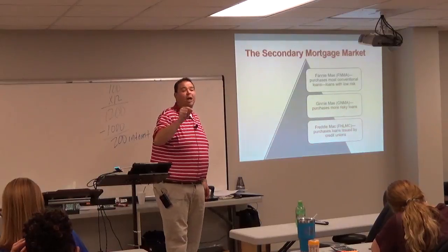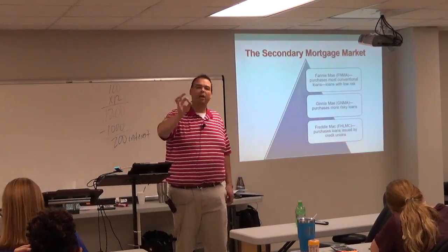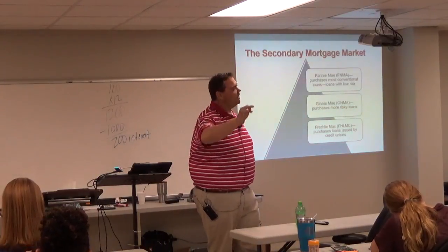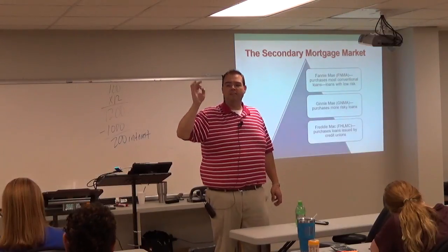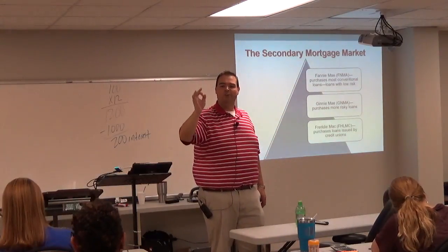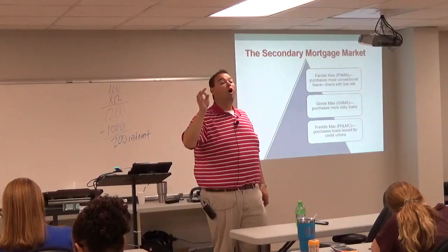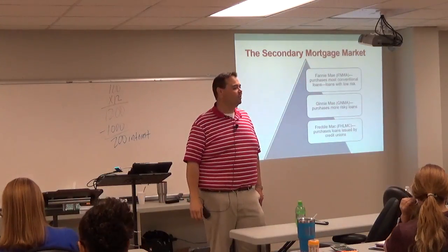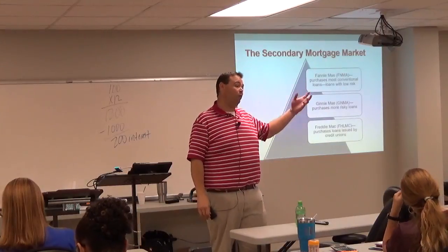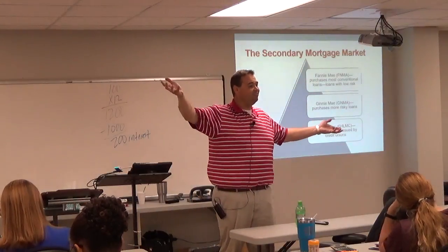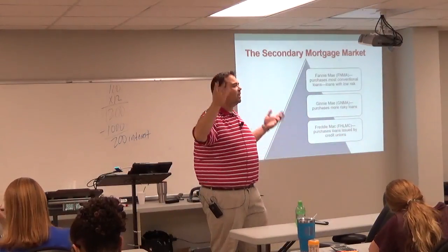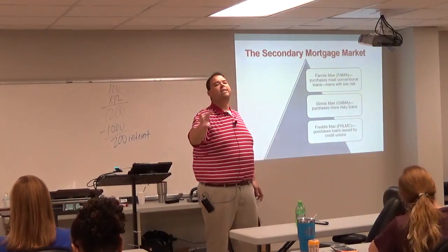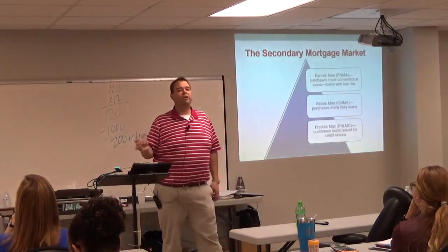So now that loan literally has a stamp of approval on it from the United States government that says this loan is backed by the full faith and credit of the United States Treasury. Are you interested in buying it now, Fannie Mae? What do you think? Yes. Absolutely. All of a sudden that thing just went from junk to gold, right? Because now it's got a stamp of approval with a guarantee from the United States federal government.